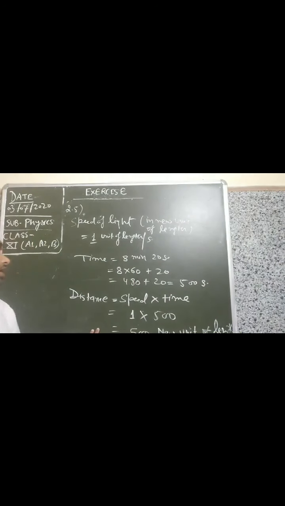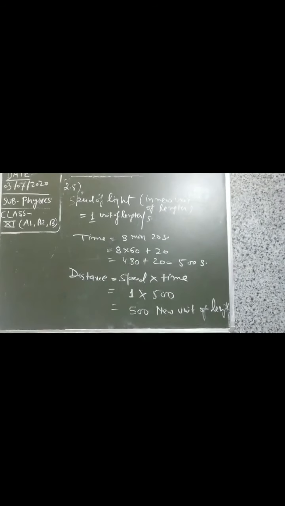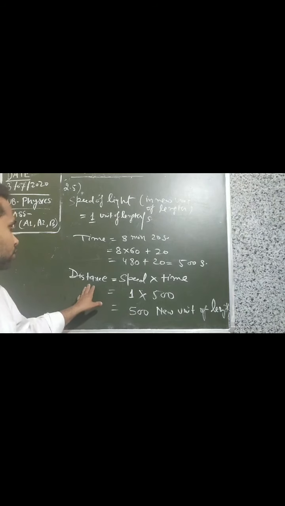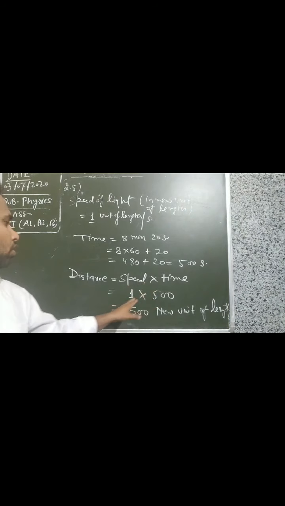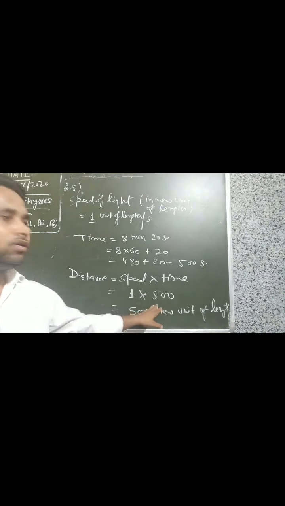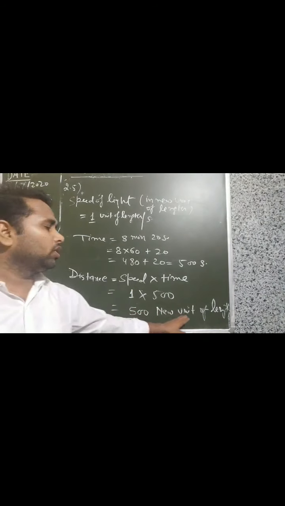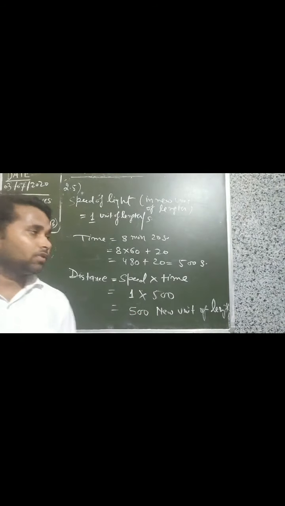So this is the answer for this question number 2.5. See here, now it is visible. So distance equals speed into time, or 1 into 500, or 500 new units of length.